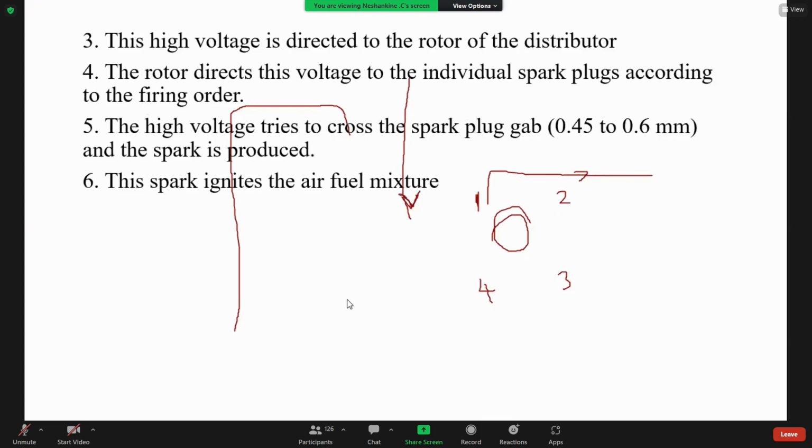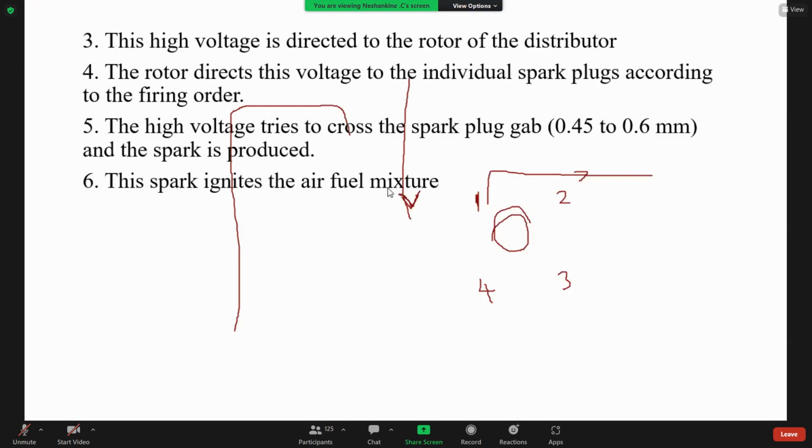That high voltage passes through the distributor, then the rotor directs this voltage to the individual spark plugs. Assume 1, 2, 3, 4. According to the distributor contact, the high voltage passes to the 1, 2, 3 and 4 spark plugs.